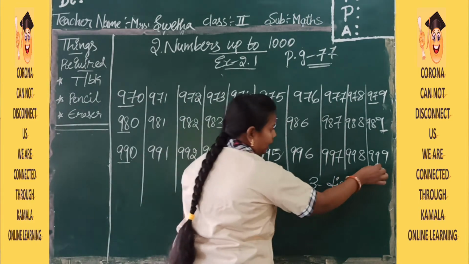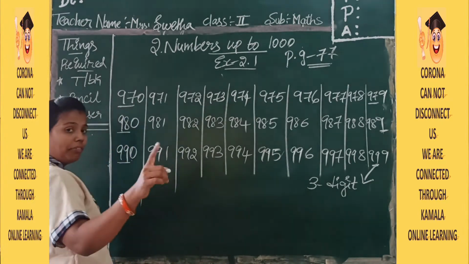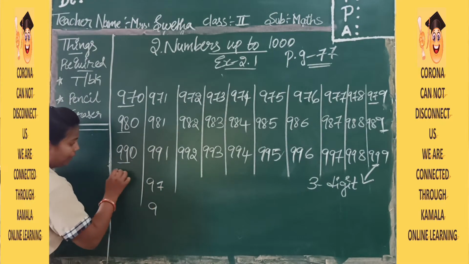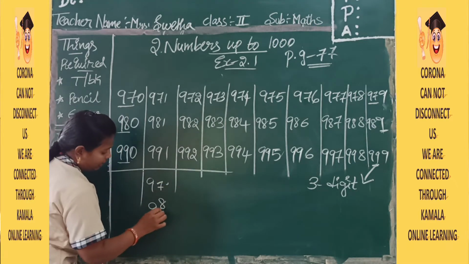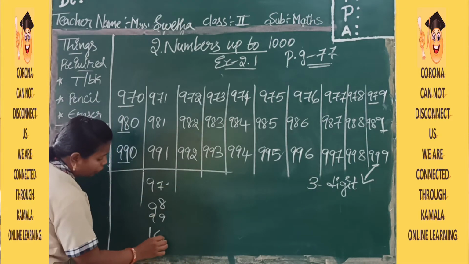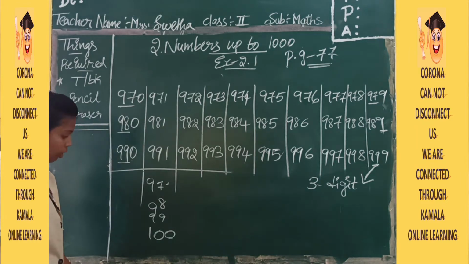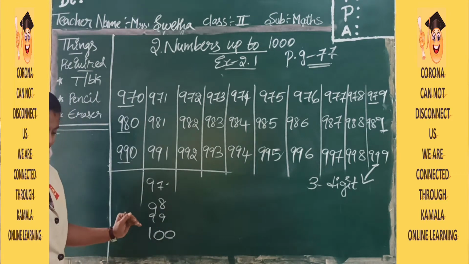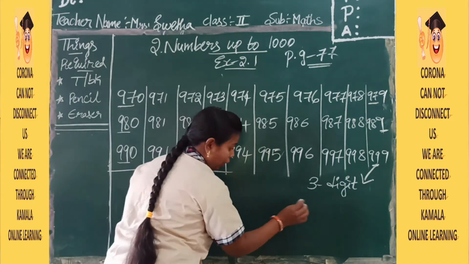How? See, in your 1 to 100 numbers, after 97, 98, 99, after 99 what will you have? 100. After 99 you will have 100. So you have to take your next number.